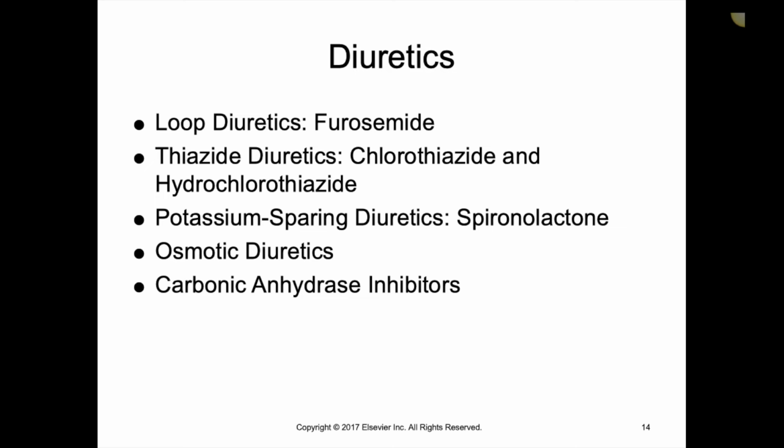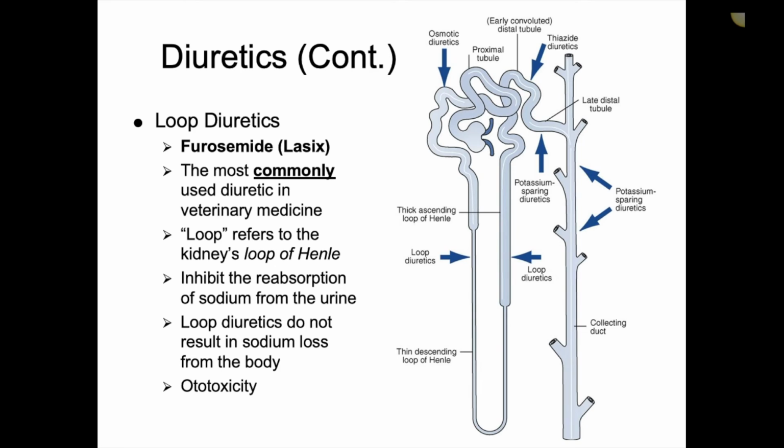That's one that we often use as an oral tablet, but also injectable in clinic. Thiazide diuretics, we have chlorothiazide and hydrochlorothiazide. We have potassium-sparing diuretics. Spironolactone is a common potassium-sparing diuretic. We have some osmotic diuretics and carbonic anhydrase inhibitors. So we'll talk about all of those.